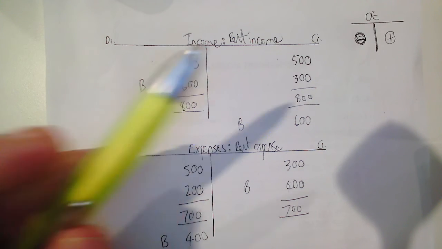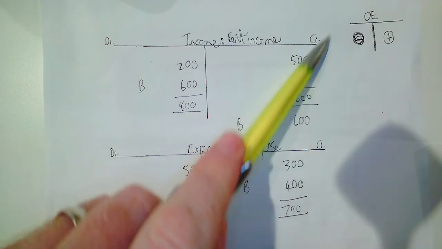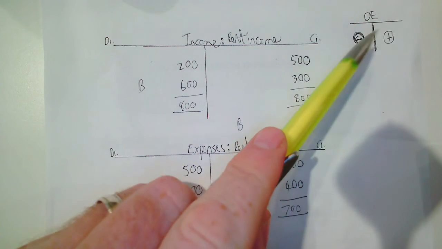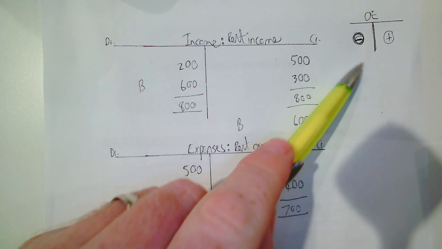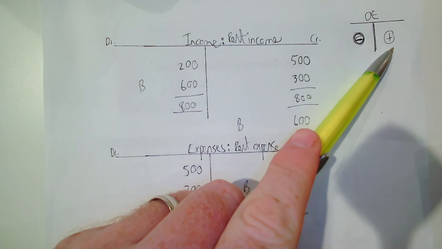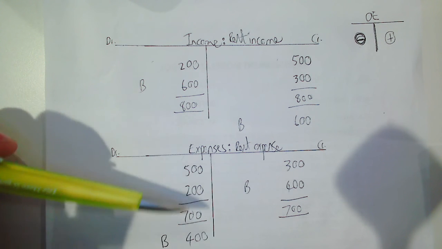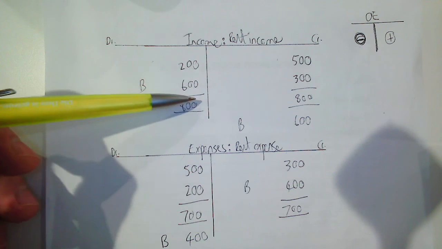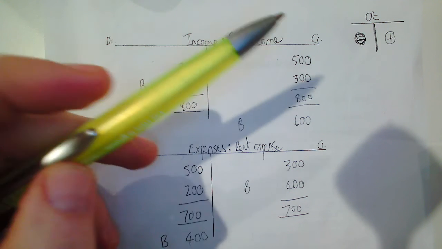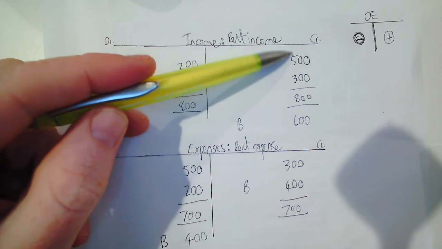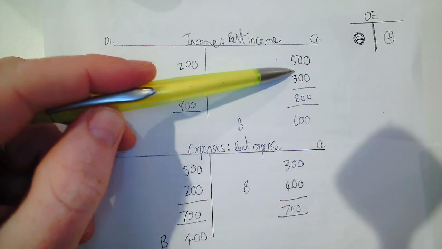So don't become confused. The principle for owner's equity is that expenses are normally on the debit side, incomes are normally on the credit side. But if you want to minimize any account, you have to put it on the opposite side. So income again, normally on the credit side, so I increase it on the same side.